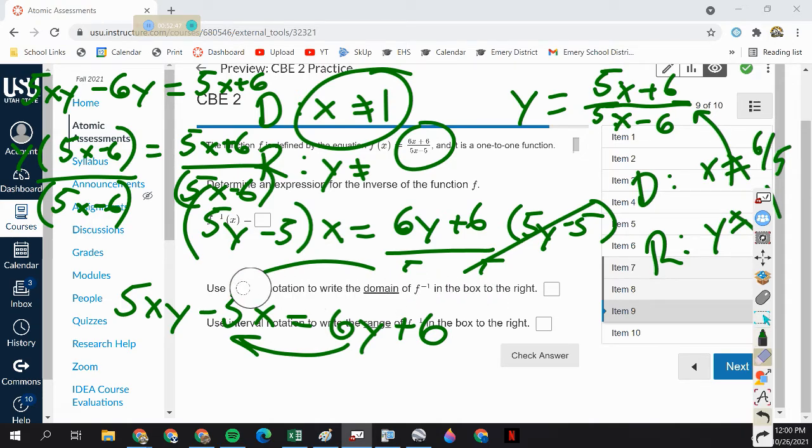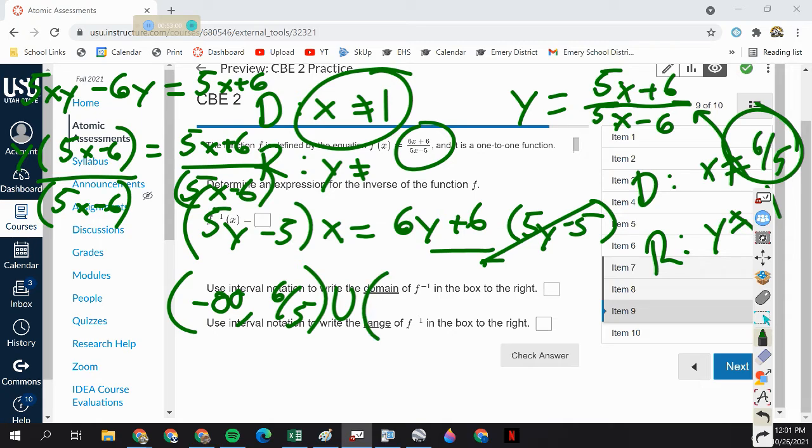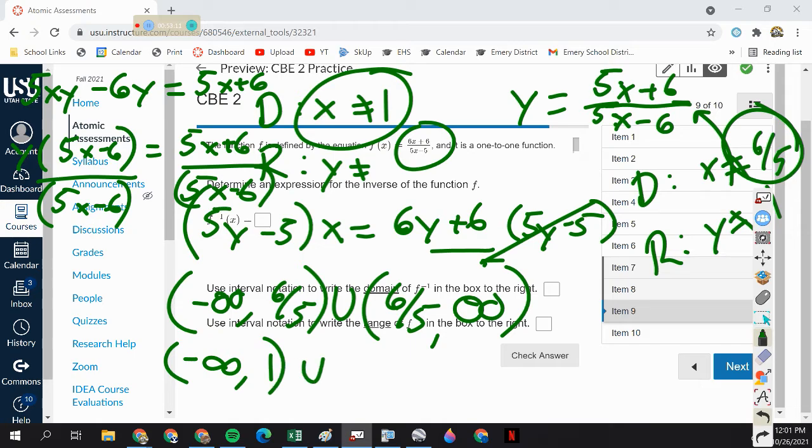So how do I write those in interval notation? Well, this would be negative infinity to 6/5 union with 6/5 to infinity. And then the range would be negative infinity to 1 union with 1 to infinity. Got it?